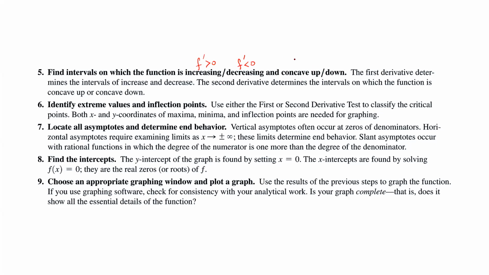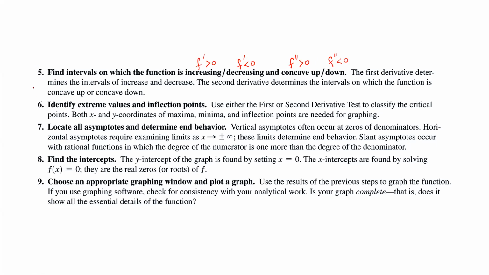Find where it's concave up, that would be where the second derivative is positive, or concave down where the second derivative is negative. The second derivative determines the intervals in which the function is concave up or concave down, right? So essentially creating our sign chart for the first and second derivative answers everything we need to know for part 5.